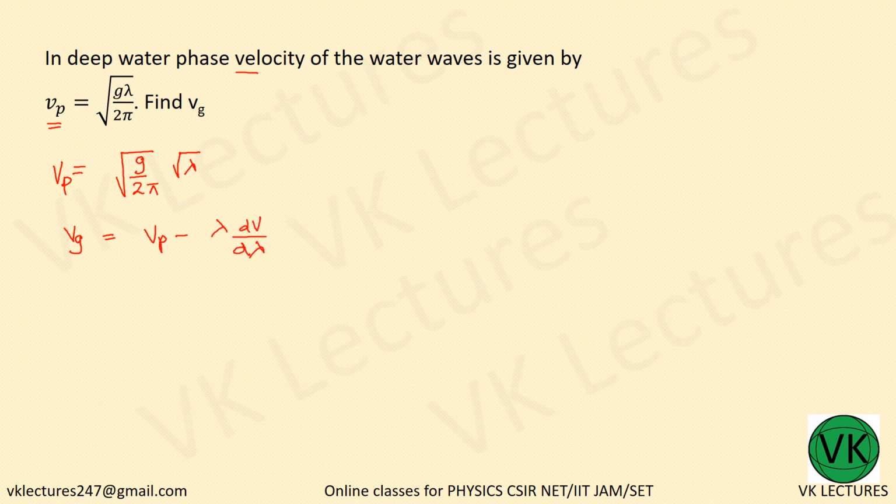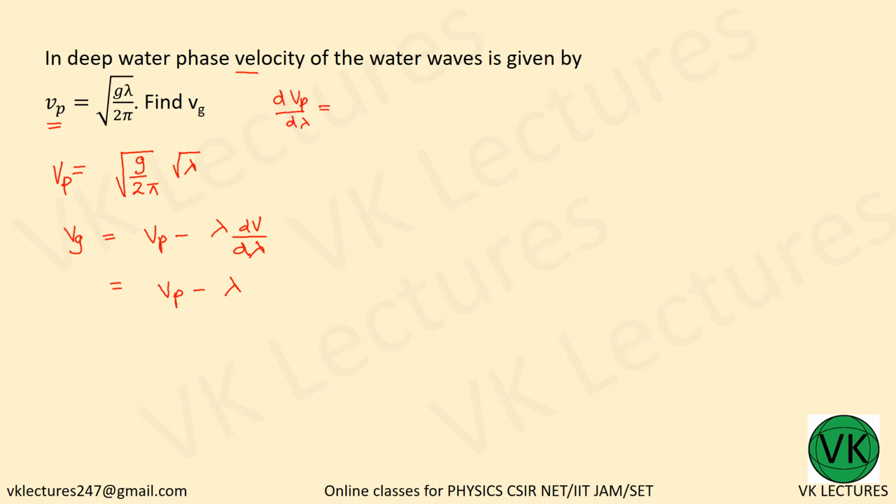See, all formulas you must remember. So that is equal to Vp minus lambda times dVp by d lambda. Now this we have to differentiate, dVp divided by d lambda.